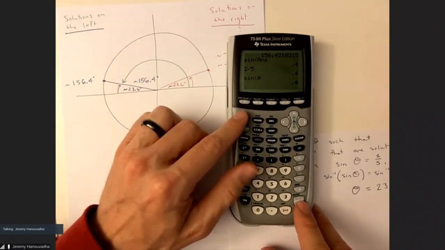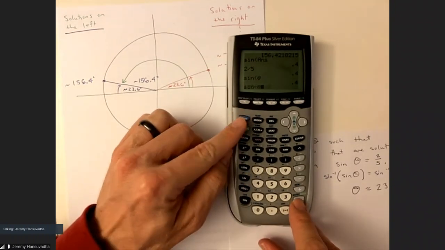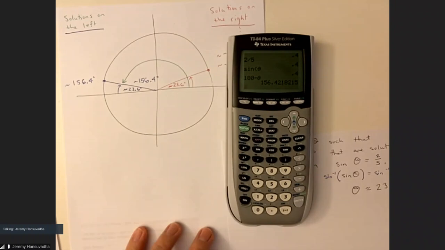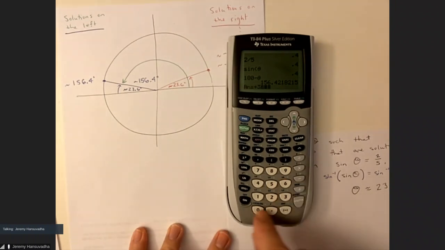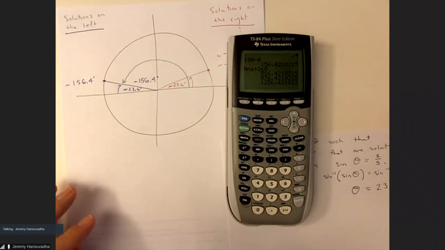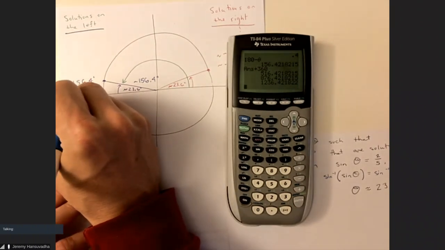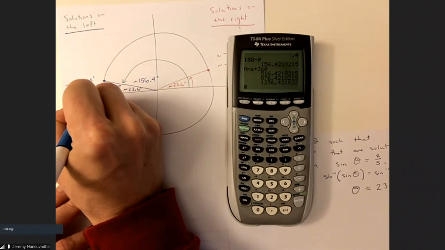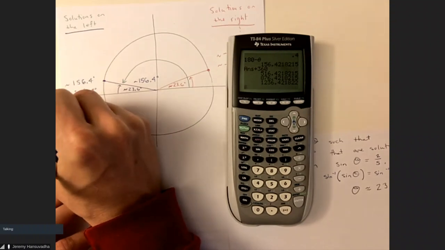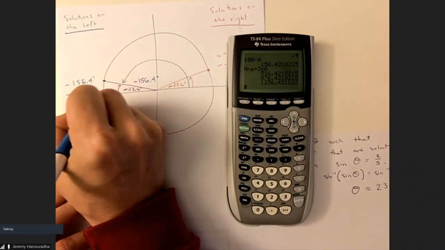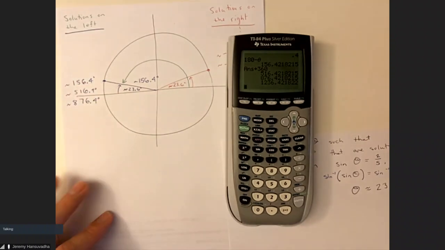Okay, so let's add 360 a bunch of times. Let's go back up here. There's that 156. And let's add 360 a couple times, and write down those solutions. And let me just check one of those real quick.